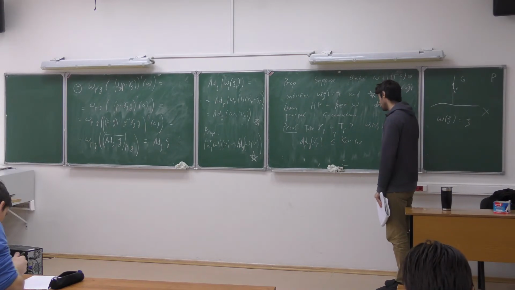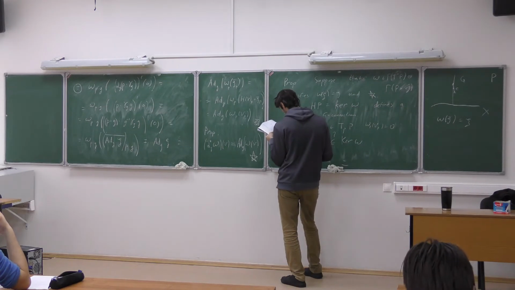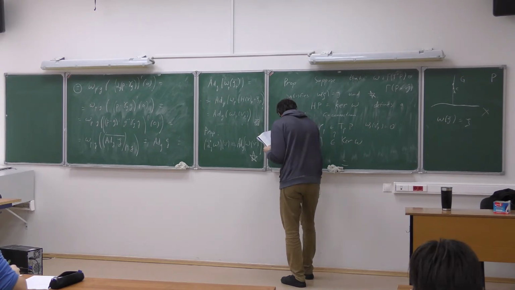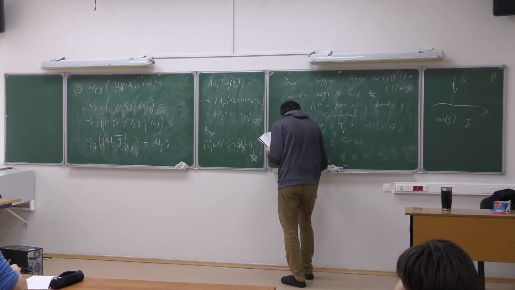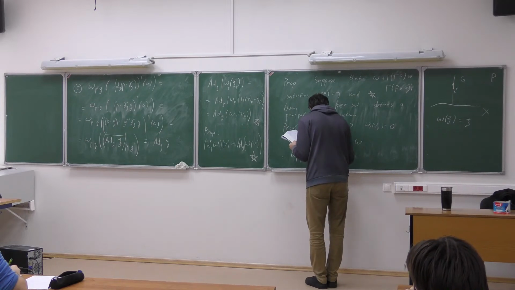Okay, then how to check this? This should be easy. We need to apply omega of P of d alpha of G applied to Vp.